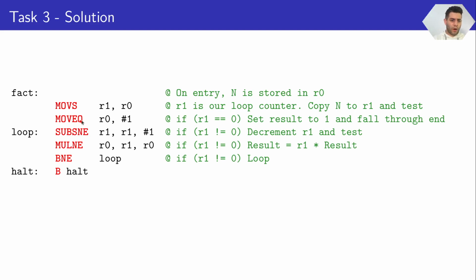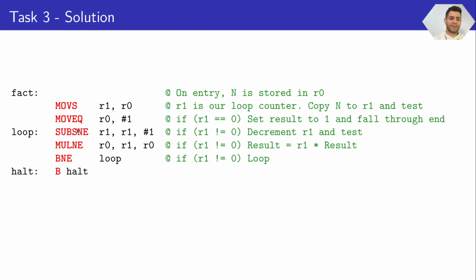So if R1 is not equal to 0, so basically if the Z flag is not set, what we're going to do here is subtract 1 from R1, and put the result back in R1, our counter, and we use the S. So we are setting the flags accordingly.